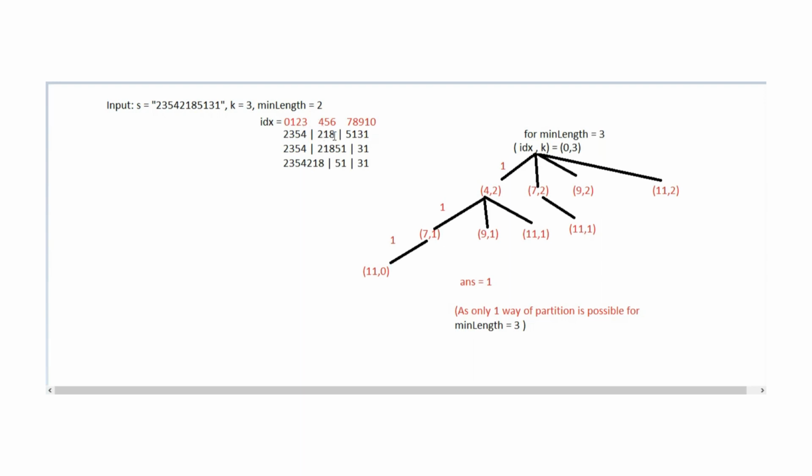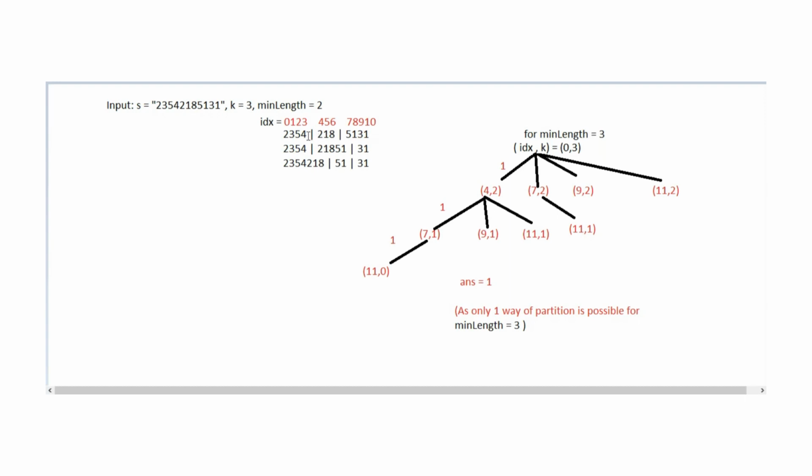And at the fourth index, 218 can be formed, because here we have formed the partition. In the immediate left of this vertical line we have a composite number, and in the immediate right of this arrow, we have a prime number. As they have mentioned the condition that the string must start with a prime number, here the new string is starting with a prime number.